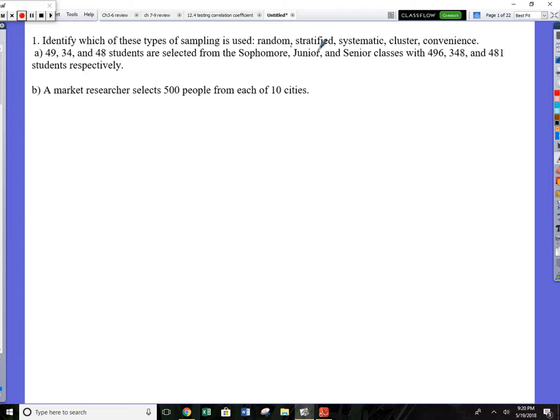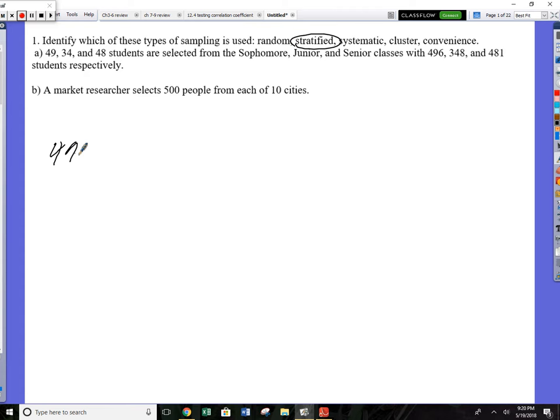Hopefully you studied up on random, stratified, systematic, cluster, convenience. So we've got, let's see, 49, 34, 48 students are selected from the sophomore, junior class. Okay, this one's going to be stratified.